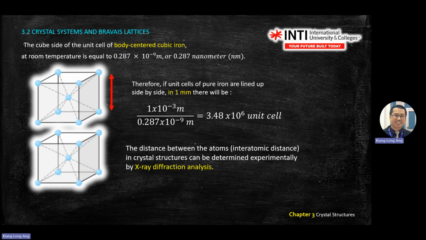So the distance between atoms in a crystal structure can be measured experimentally using X-ray diffraction analysis, or XRD. So when you hear material scientists mention, oh, I'm doing XRD analysis, it means they are using it to measure the distance here, then they know what that element is.